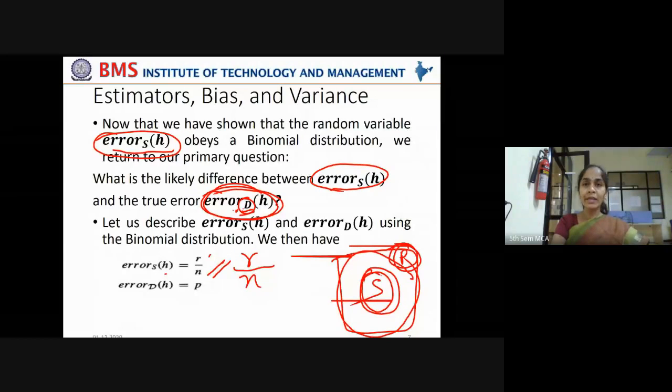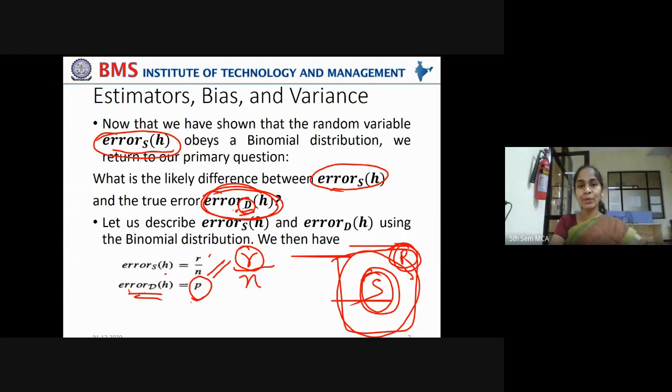And if you take a new instance and pass it on to the machine learning model, what is the probability of that instance being predicted wrongly? That is P, which is called the true error. I'm repeating again, listen carefully. If from a sample of n data points there are r wrong predictions made, in that case the sample error is r by n.